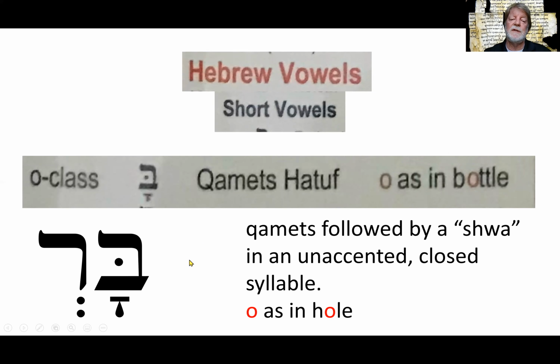Now, there's one additional rule that goes along with this vowel, the kamats hatuf, and that is when a kamats is followed by a shva. What's the shva? 2 vertical dots. So here we have a kamats underneath a bet, and here we have a shva underneath a resh.